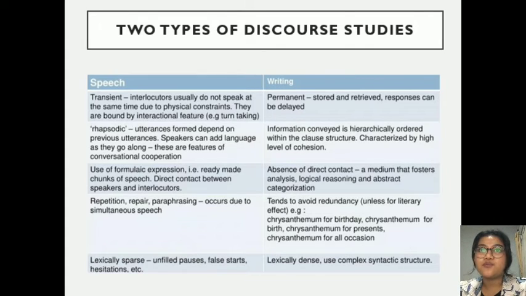It also involves the absence of direct contact, a medium that fosters analysis, logical reasoning, and abstract categorization. Written discourse also tends to avoid redundancy except for literary effect. It is also lexically dense and uses complex syntactic structures.